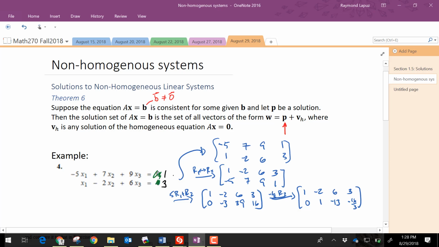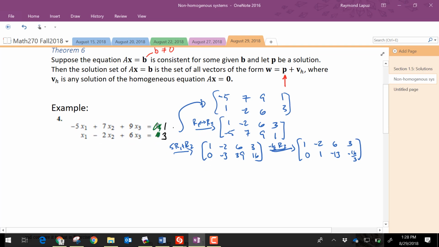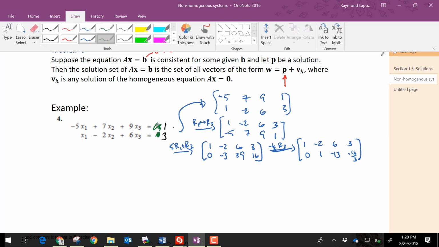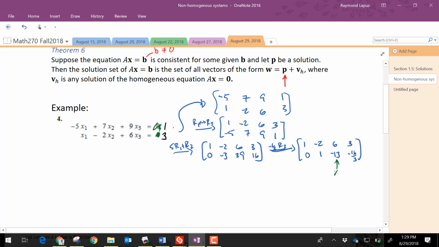So keeping in mind that this is some augmented part, we have x1, x2, and x3. So x3 is our free variable, which we knew. Let's do this in a different color. So then now our solution is going to look a little bit different because there's an augmented part.